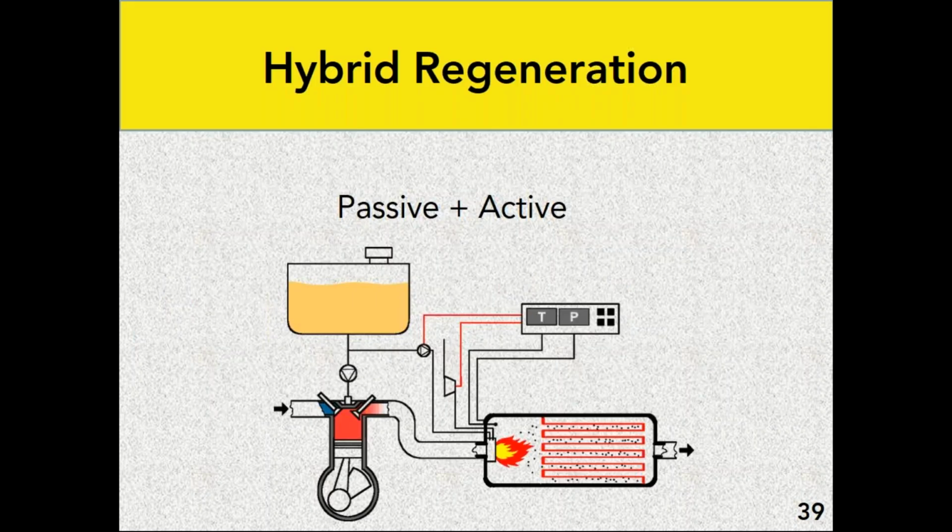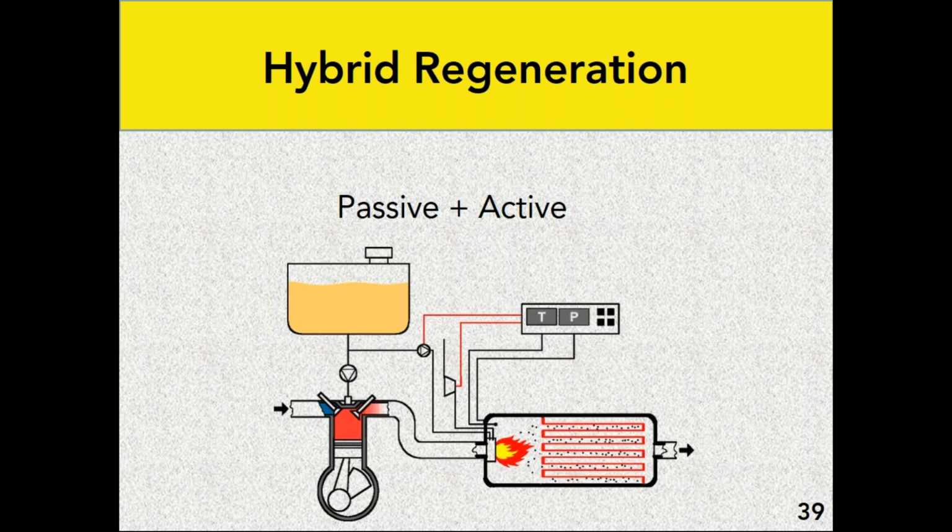Now, the third choice that I went over when I first mentioned passive and active is something called hybrid. I don't know if I mentioned it before, but I'll say it again. Hybrid systems are always what you're going to see on an OEM filtration system. So all on-road engines and Tier 4 final and most Tier 4 interim that have filtration systems installed at the factory are going to be hybrid systems.